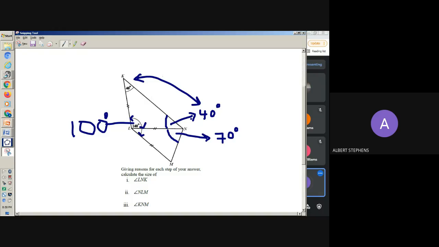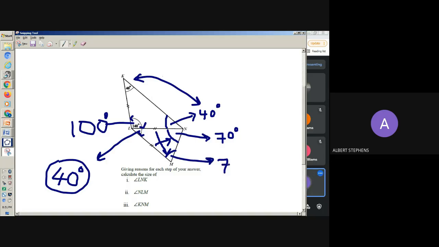And if all of this is 140 and this piece is 100, then that little piece down here must be 40. And these two angles are equal. So she said 40 from 180 is 140, then divide by 2. So you get 70 and 70.